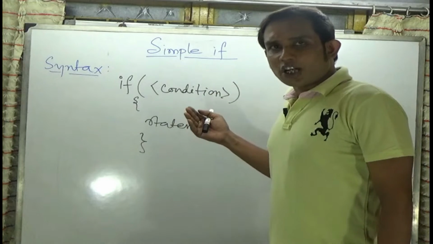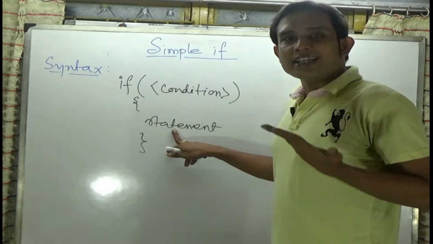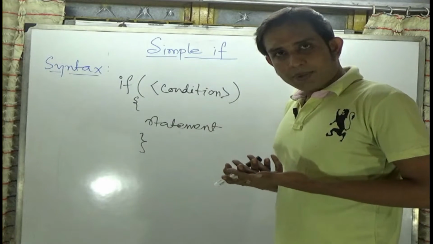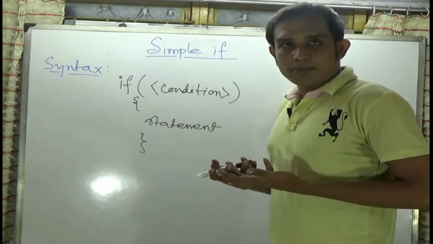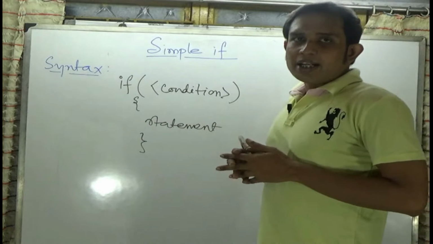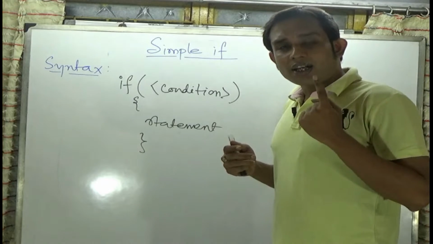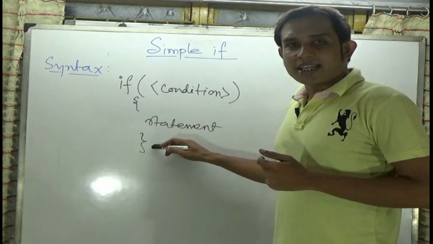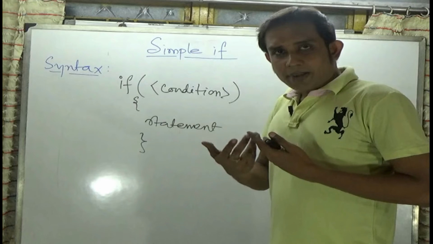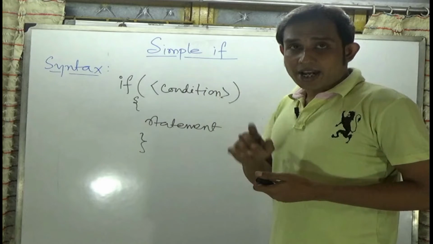Now in case of if statement, the statement may be one line or more than one line, that is 2 lines or 3 lines. That means the statement may contain one line or more than one line, maybe 2 lines, 3 lines, 100 lines maybe. In case of if statement, there is a feature available that if the statement contains only a single line, then the opening and closing braces are not mandatory, but if the statement contains more than one line, then the opening and closing braces are mandatory.